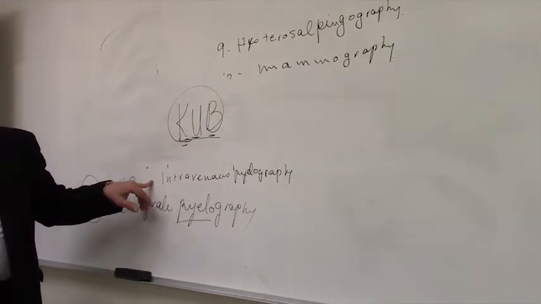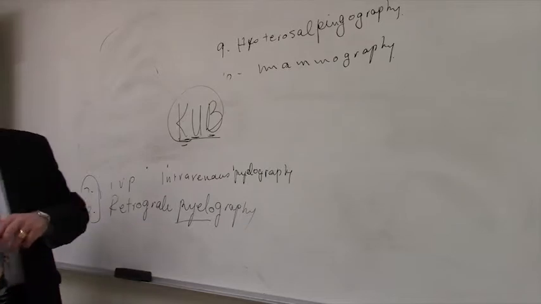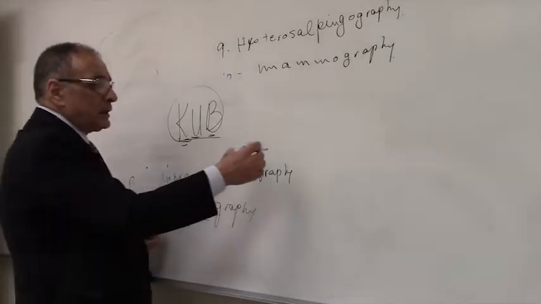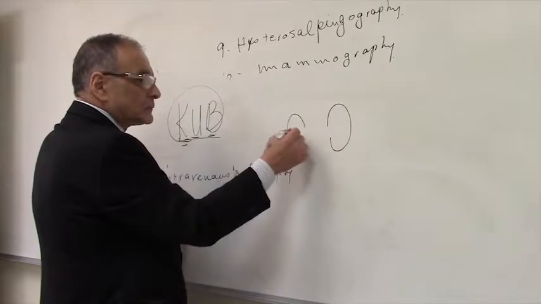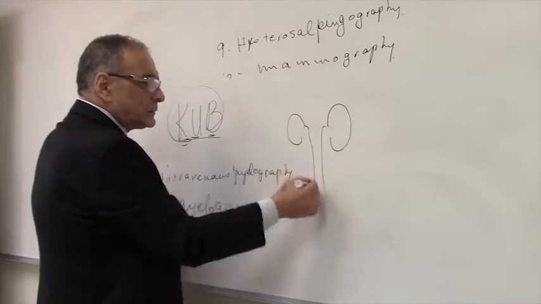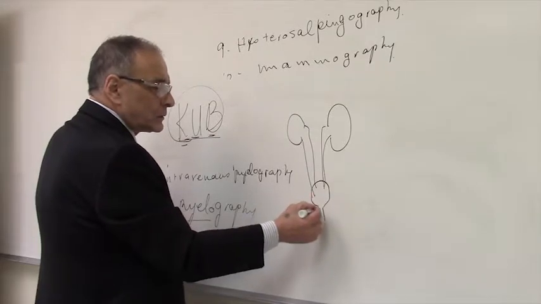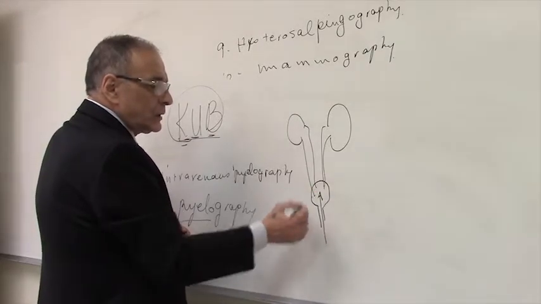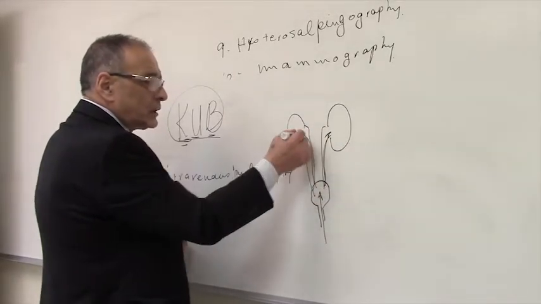Same thing, it could be intravenous or could be retrograde. Retrograde means opposite side. This is a kidney, ureters, bladder, urethra. You push the dye from here and push the dye to here and to here.